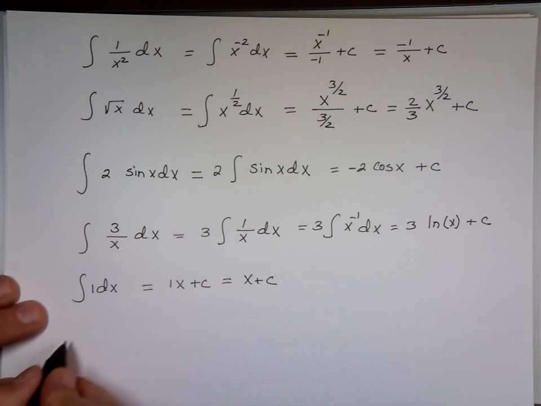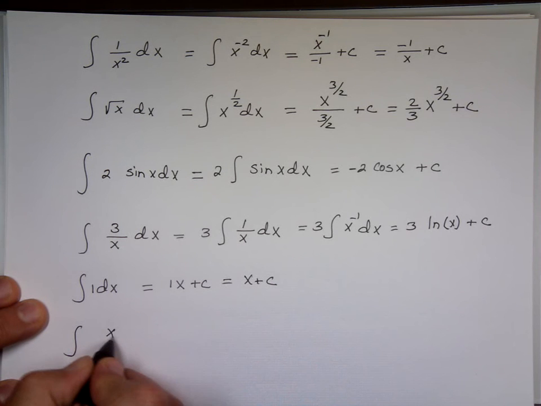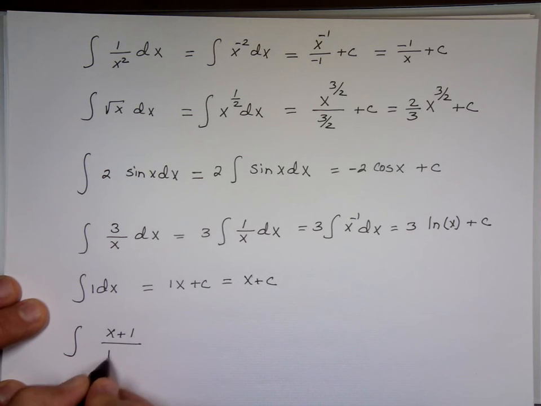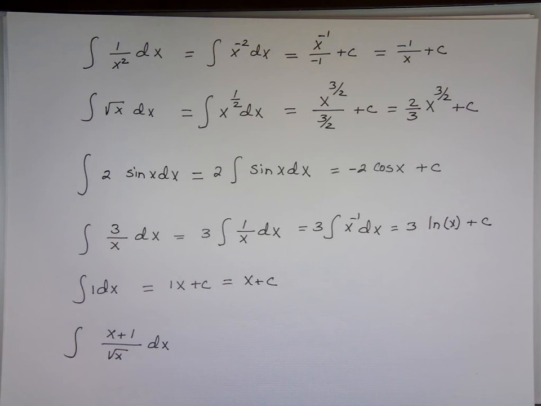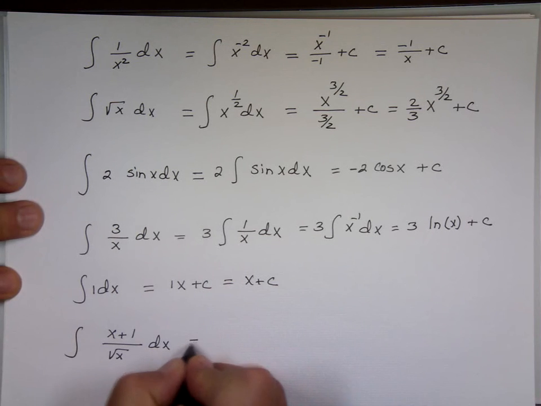What about this one? Well, you can write that square root of x in the bottom as x to what power? 1/2. When you bring it to the top, that becomes what?